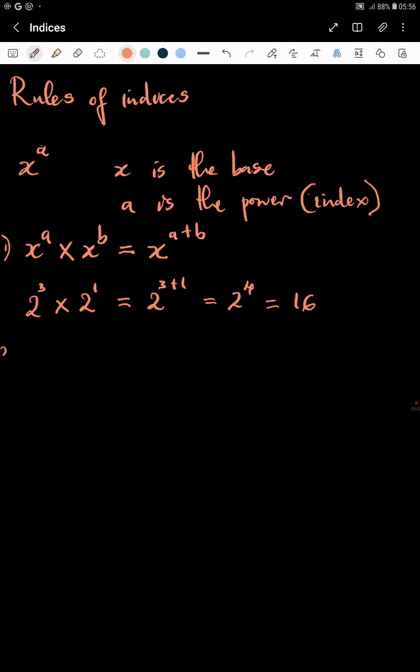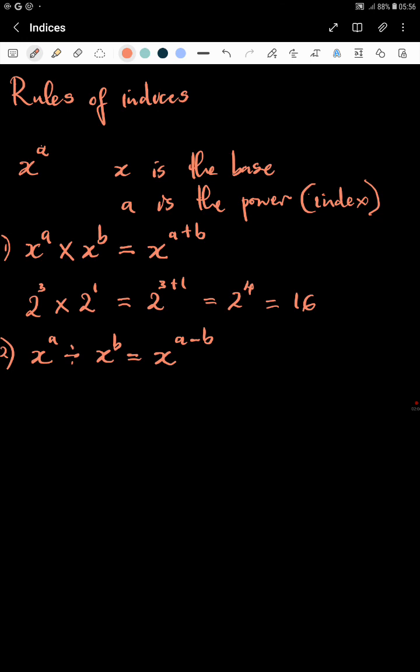The second one, we are saying if we are dividing two numbers that share the same base, here we are dividing. If we divide x to the power a divided by x to the power b, our answer would be x to the power a minus b.